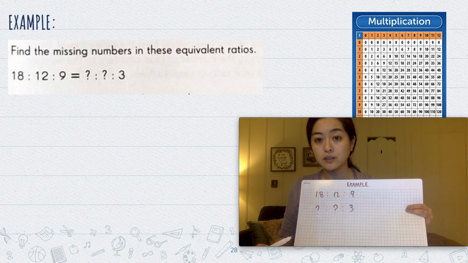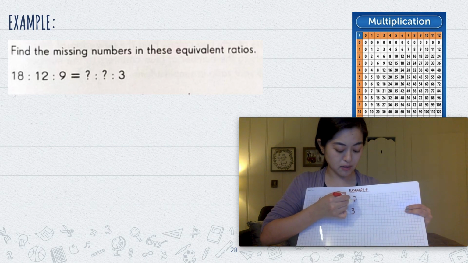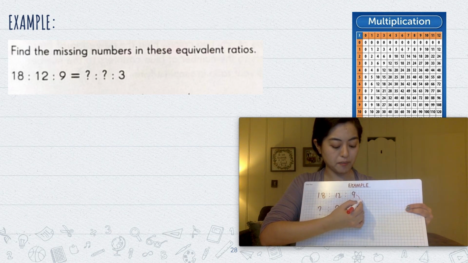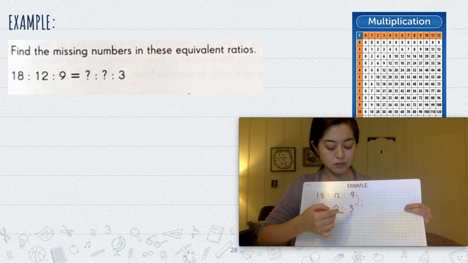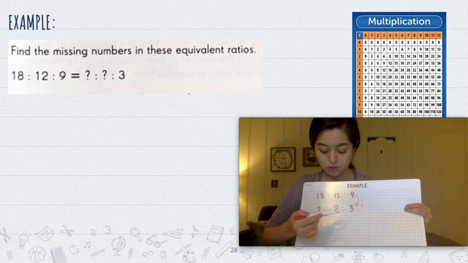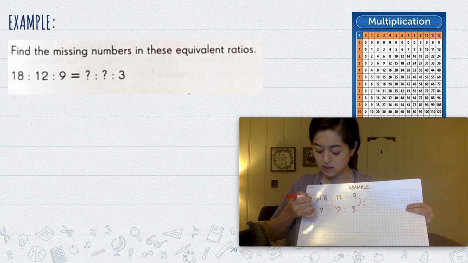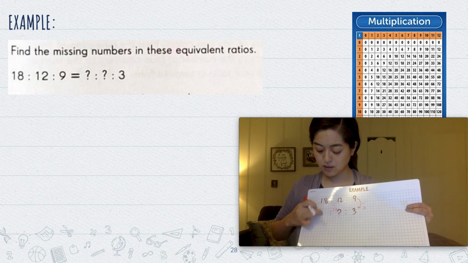It got smaller, so I need to divide, okay? What do I divide 9 by to get 3? It's actually 3. So whatever I do to this term, I have to do to the other term. So here I have to divide it by 3, and here I have to divide it by 3, okay?